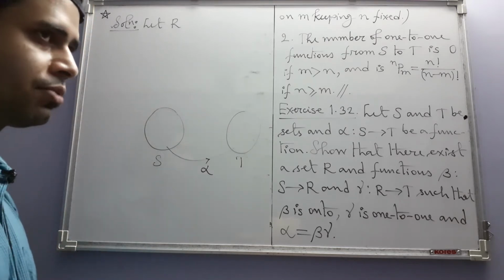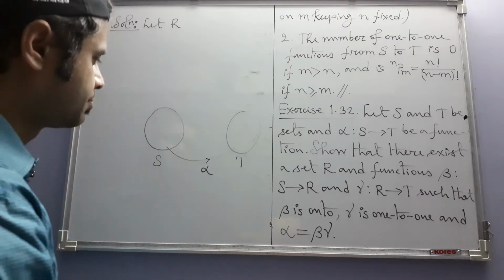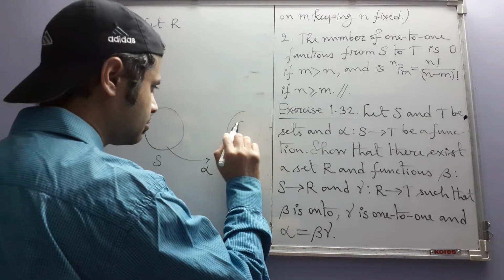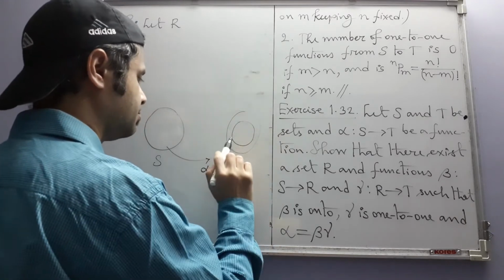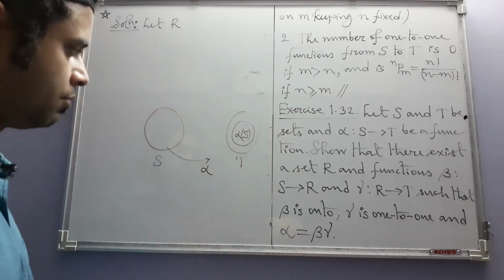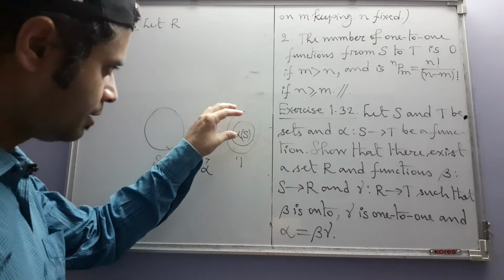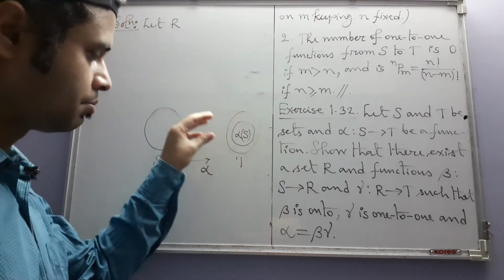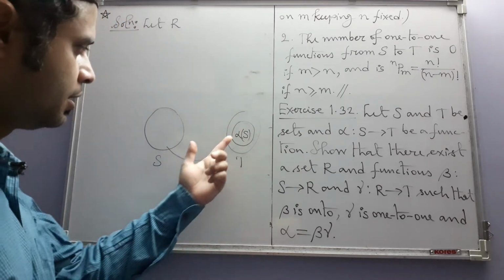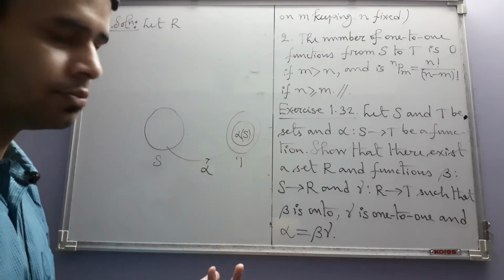Now, alpha may or may not be onto. That means the image of S under alpha, which in any case is a subset of T, may or may not be a proper subset of T. If this is a proper subset of T, then alpha is not onto.